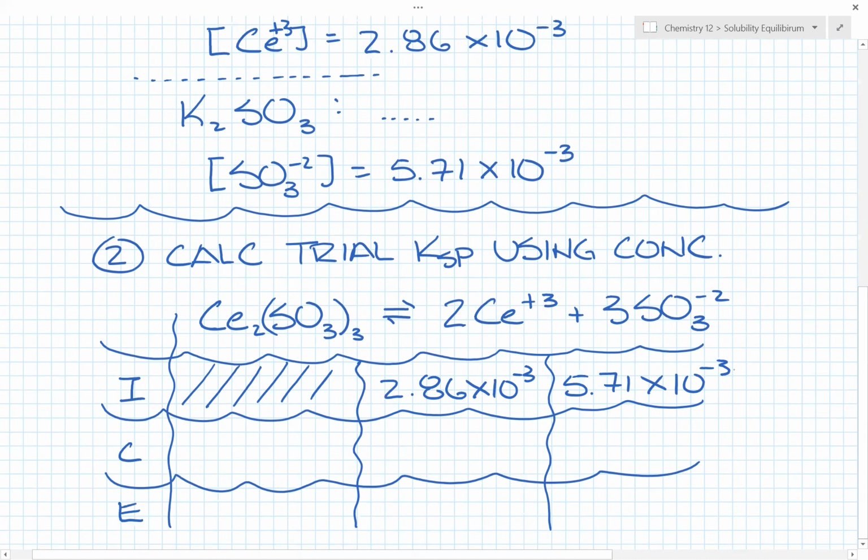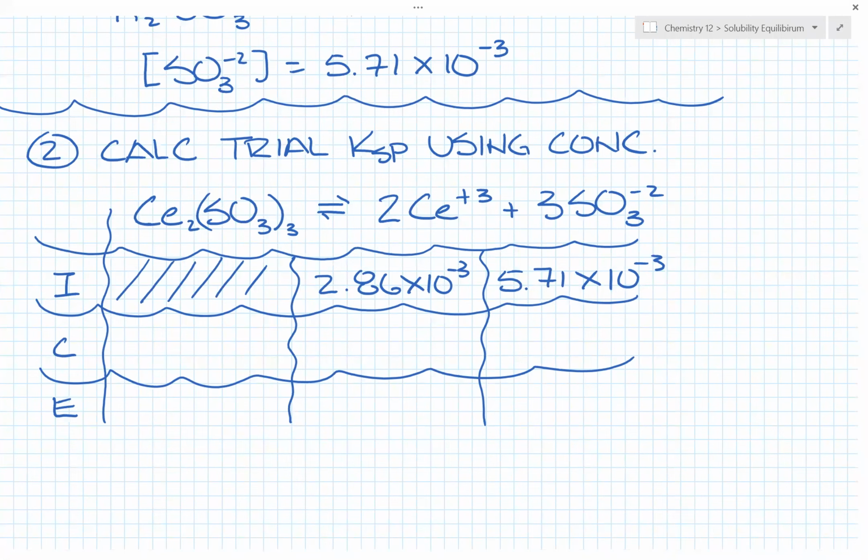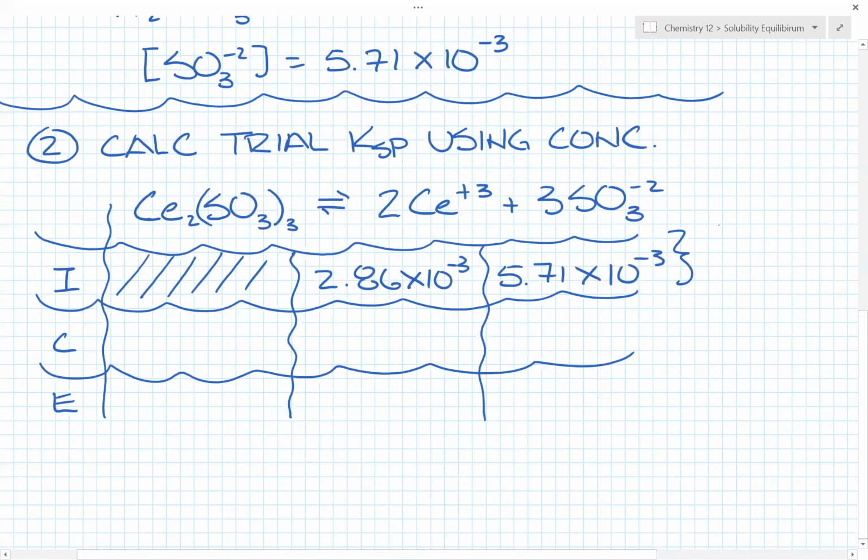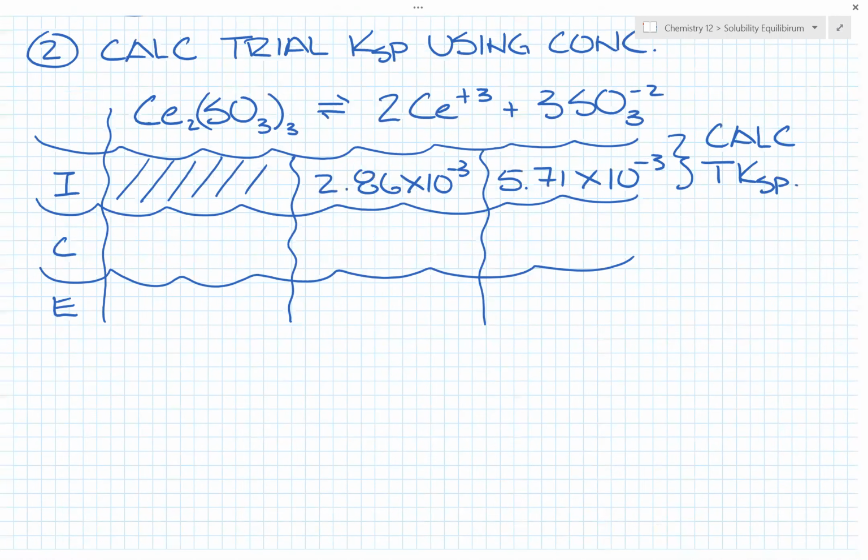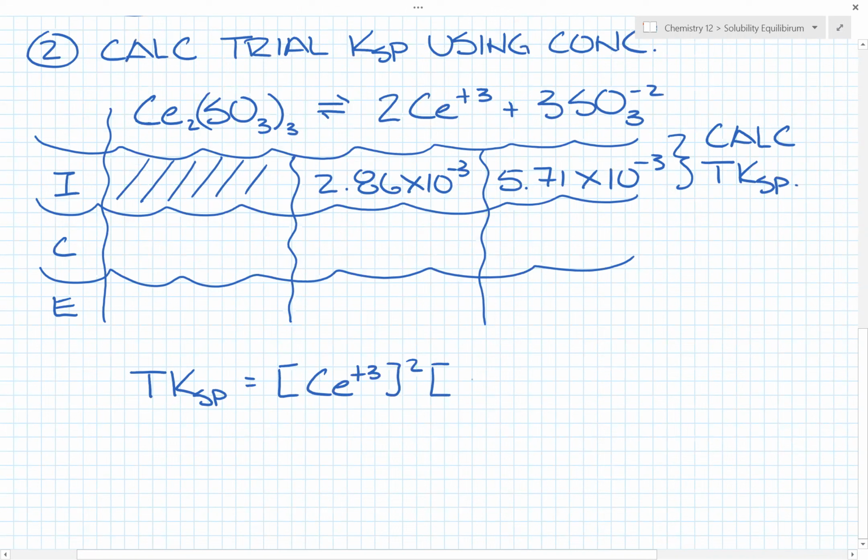Now, what we do is use these values to calculate trial KSP. So trial KSP is equal to the concentration of cerium plus 3 squared, concentration of SO3 minus 2, all cubed.